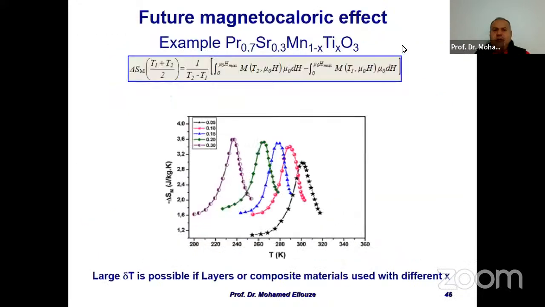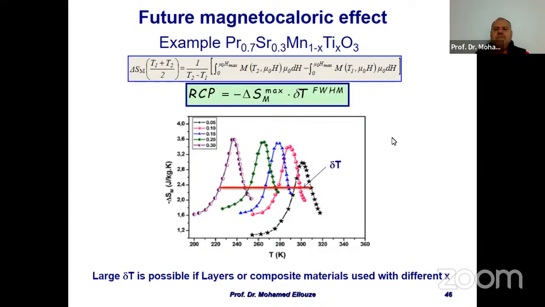What is now the future? The future is in this kind of oxide, in the magnetocaloric effect. As I said, from this kind of sample we have the variation of temperature at half of the peak of the magnetic entropy.